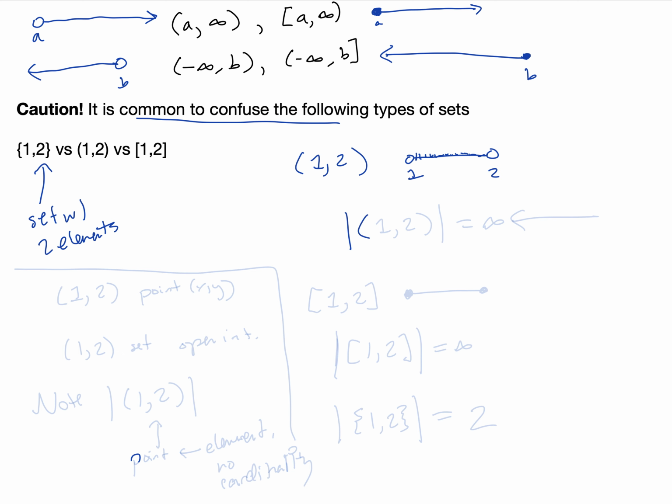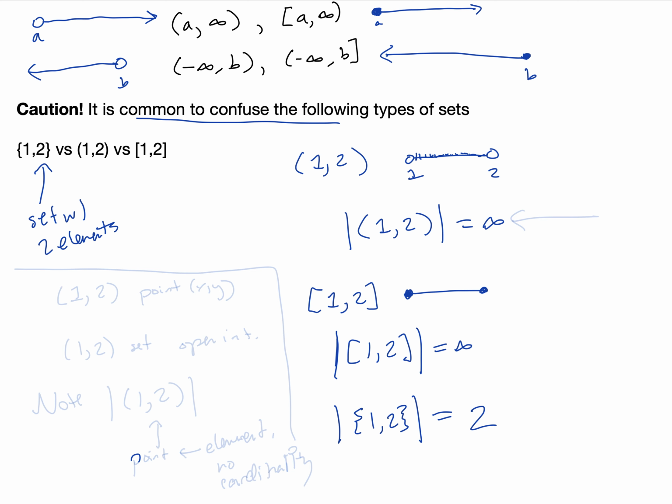So the cardinality of this set is infinite. And similarly, the set [1, 2] with square braces, this is just with now closed endpoints. And so the cardinality of that set is also infinite. There are infinitely many values on that interval, whereas the cardinality of the set {1, 2}, the set containing the elements 1 and 2, is not infinity, it is 2. So these are very different sets from one another.